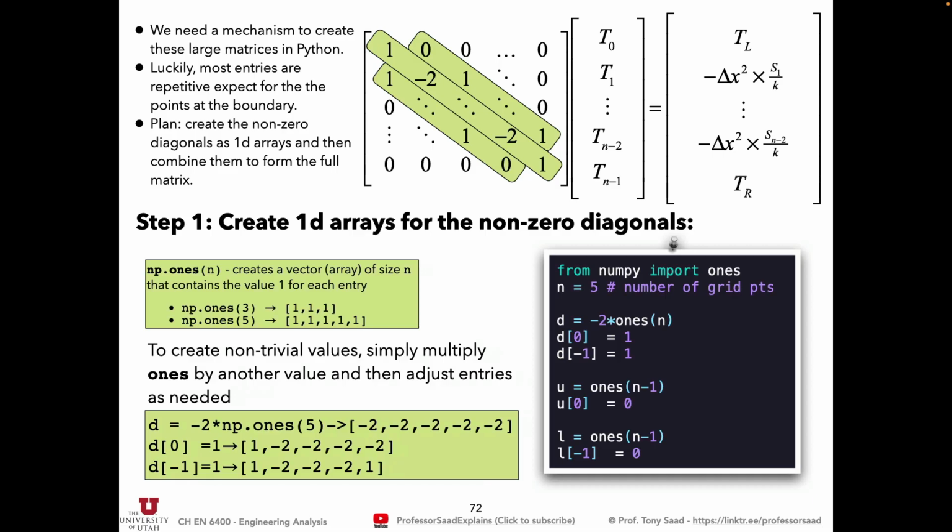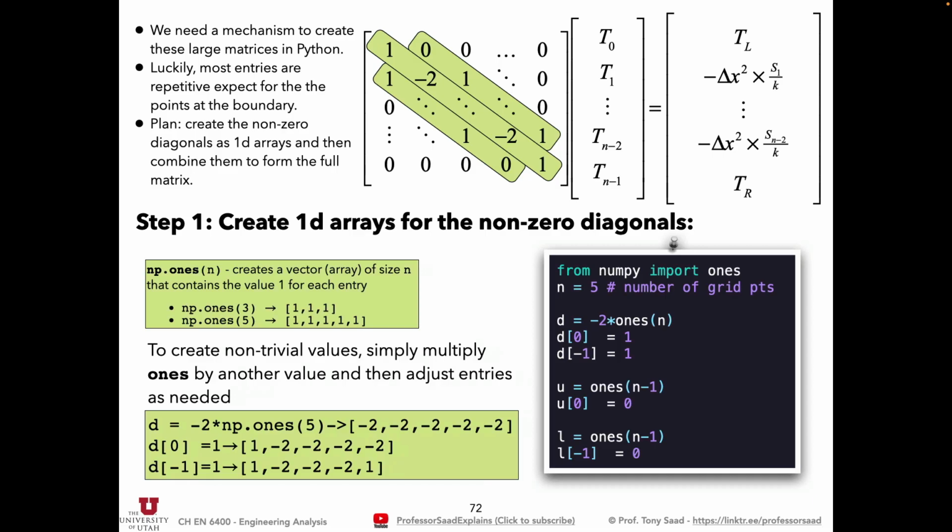From numpy, import ones, and n equal 5. This is the only thing that the user is going to care about, because this could be 100, 5,000, whatever you want, number of grid points. Then d is minus 2 times, that's the main diagonal, minus 2 times ones of size n. So it's going to be minus 2, minus 2, minus 2, n times. Fix the first point, fix the last point, 1 and 1.